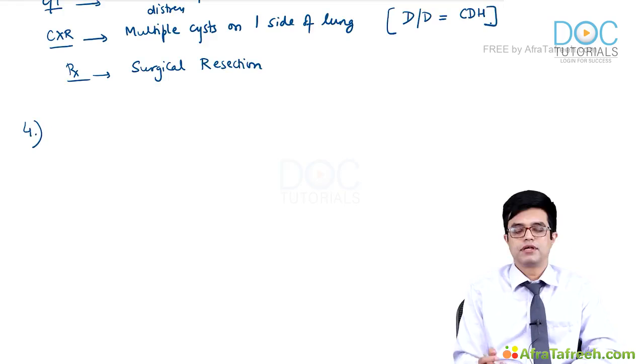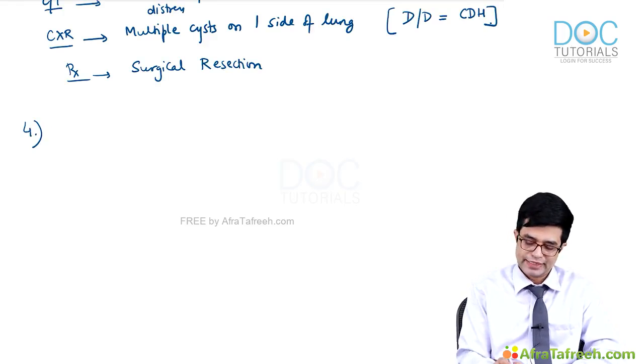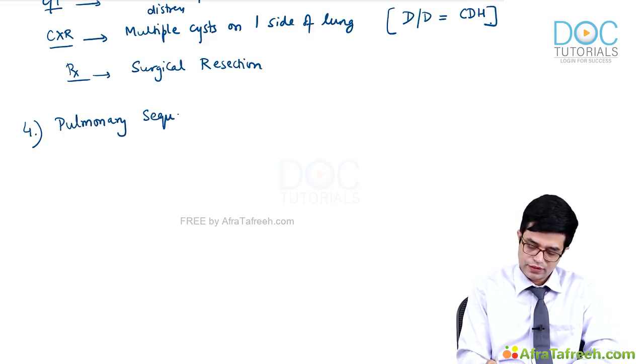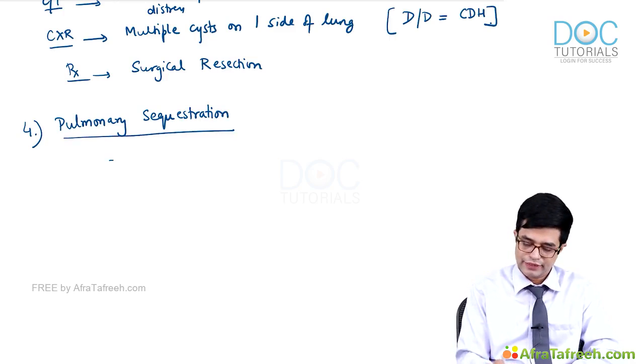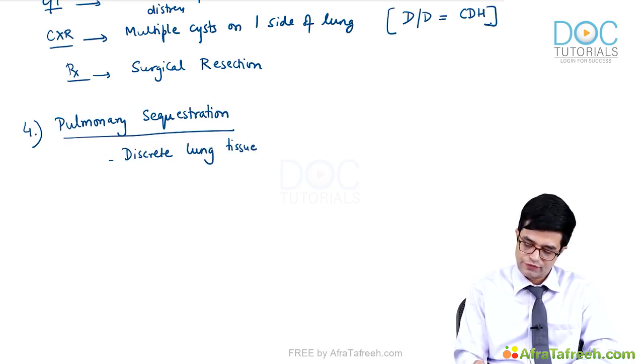And the fourth congenital lung disorder is pulmonary sequestration. Sequestration means separation. What exactly is pulmonary sequestration? There will be discrete or separated lung tissue with no bronchus. So no bronchial connection.